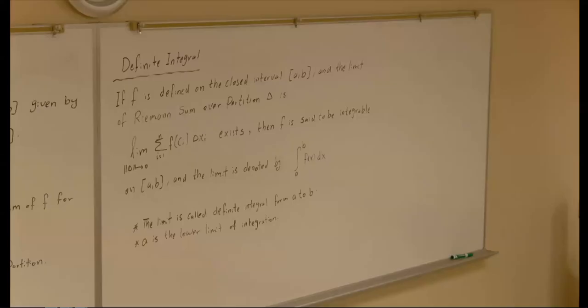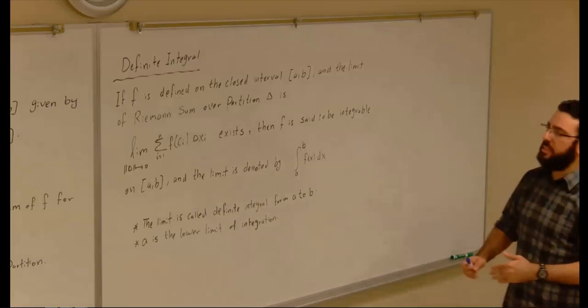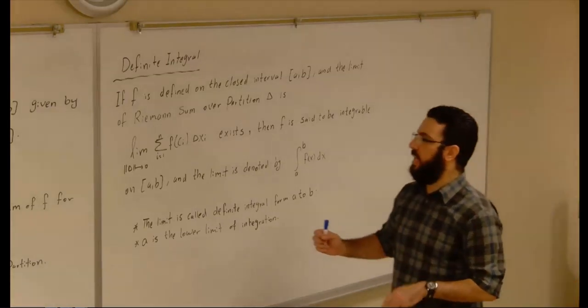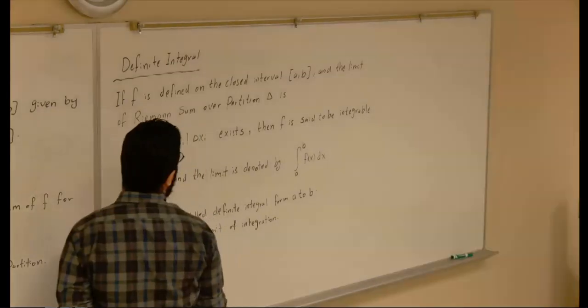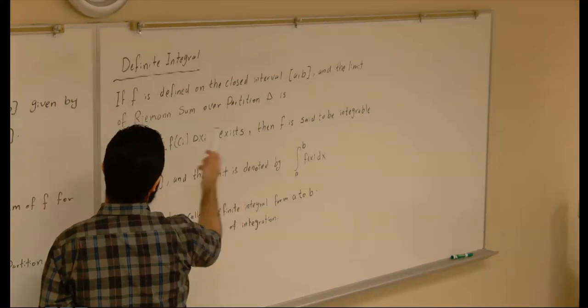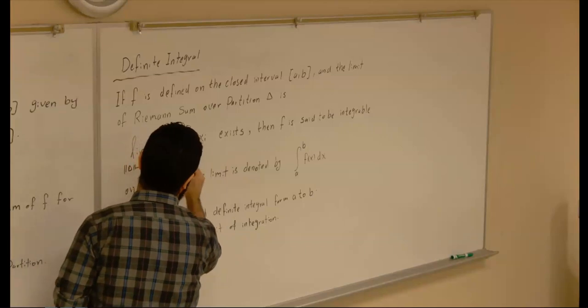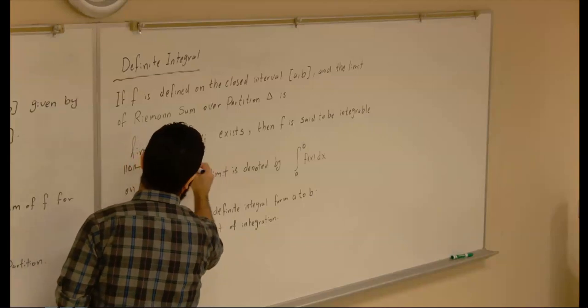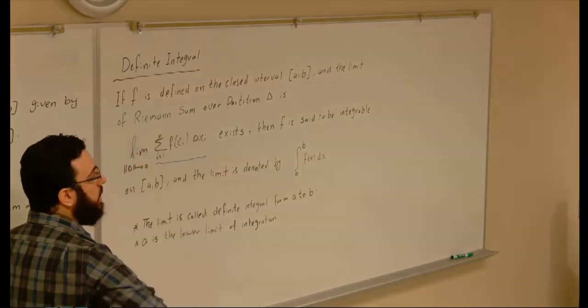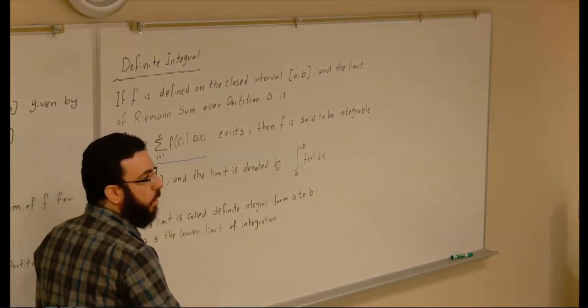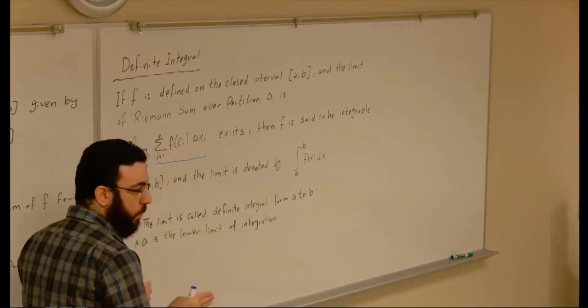The definite integral is the Riemann sum, but we have to add the limit. So the same thing, we know this is the Riemann sum. Let f be defined on the closed interval [a, b], and take the limit of the Riemann sum with the partition. This is the Riemann sum, but I'm going to add the limit because I need to maximize the number of rectangles, that means minimize the width.